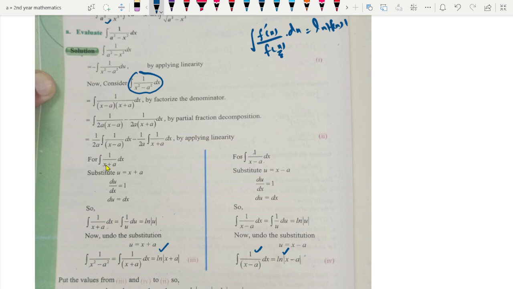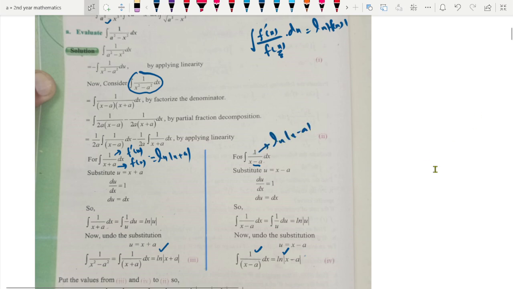Similarly here, the derivative of x plus a is equal to 1, and the derivative of x minus a is equal to 1. So this is f of x and this is f prime of x. You can write the integral of this as the natural log of x plus a. Similarly here, the derivative is 1, so you can write it as the natural log of x minus a.